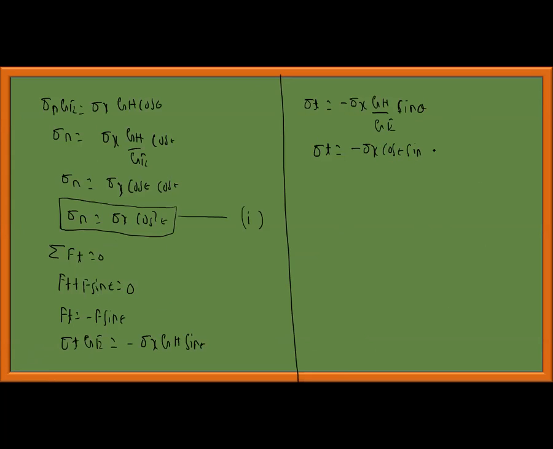Since sin 2a is equal to 2 sin a cos a, sigma t is equal to minus sigma x into sin 2 theta by 2. This can also be written as tangential stress tau. This I will call the second expression.